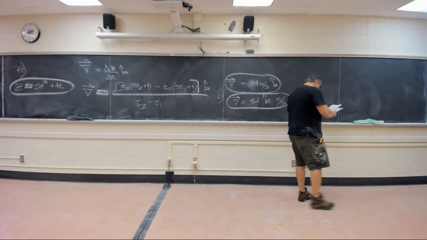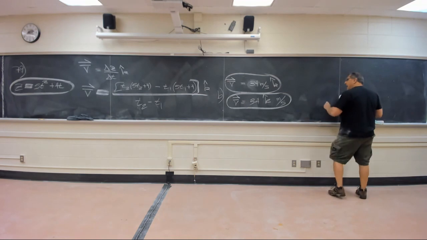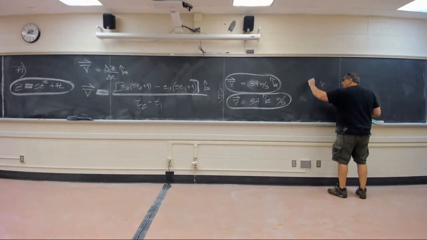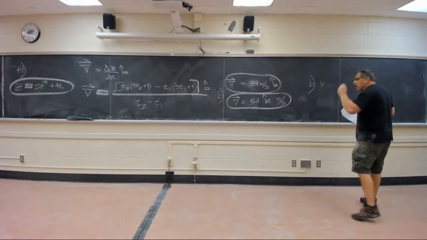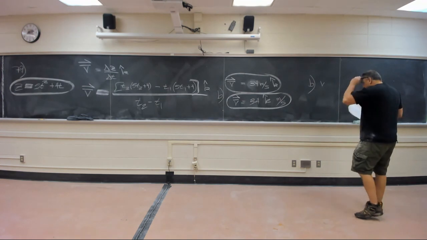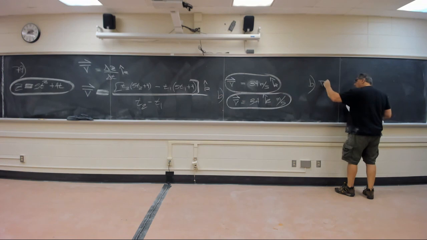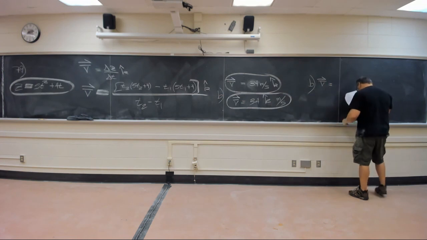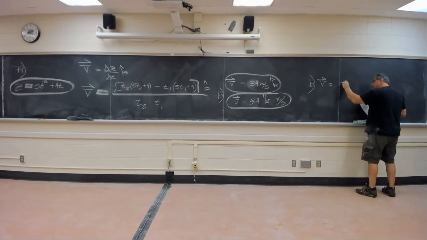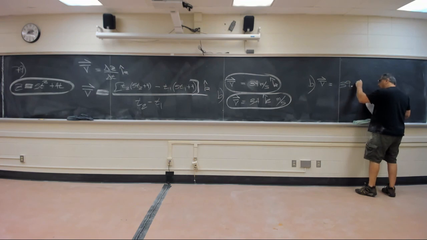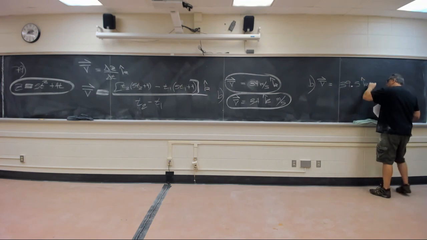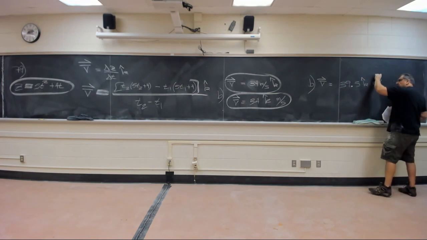The other one, you grind it out, you plug them in there for B. And that's going to come out to 39.5 K vector meters per second.